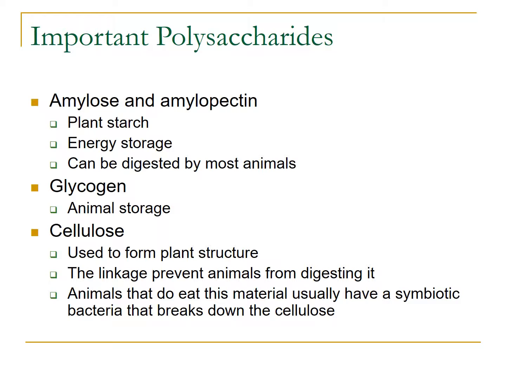So all your grazing animals, your horses, your cows, your goats, your animals that can eat grass, or animals that can eat leaves like a giraffe, are using bacteria that can break that beta 1,4-glycosidic linkage down and break down the sugars, and then those animals can use those sugars.